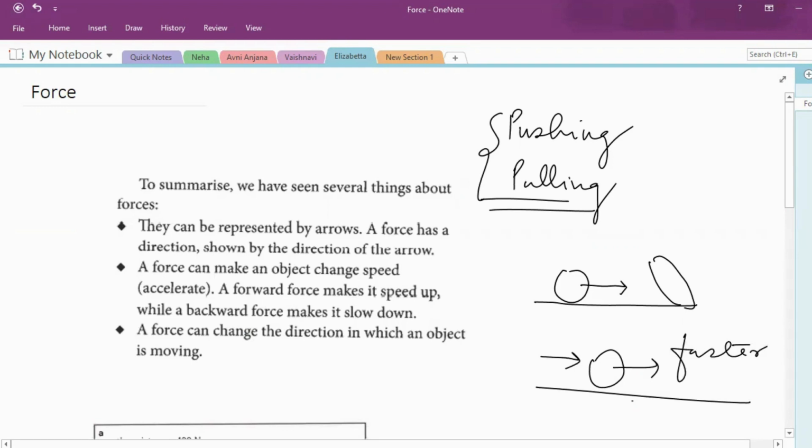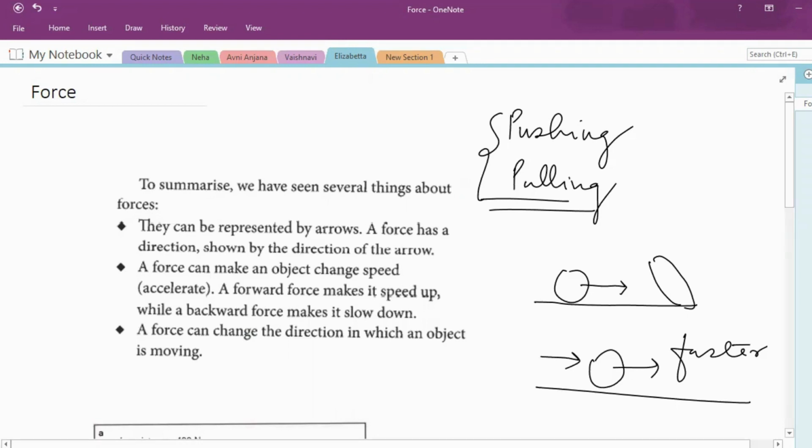If you remember, when we talked about anything that goes faster or slower, we learned a word called acceleration. Do you remember that? Yes, like a car accelerating. So force can also make an object accelerate, right?